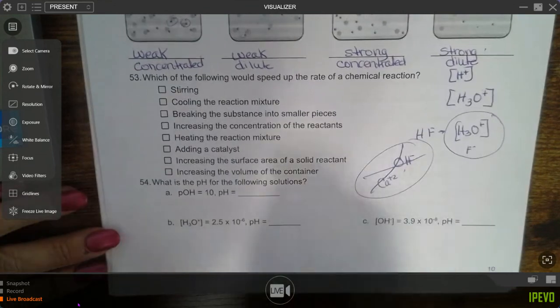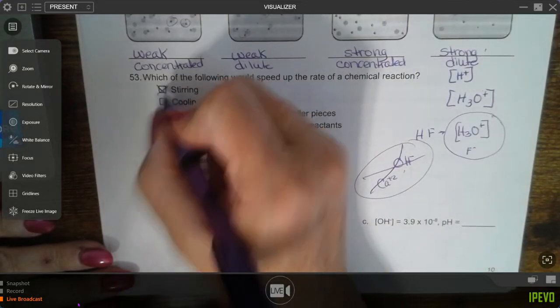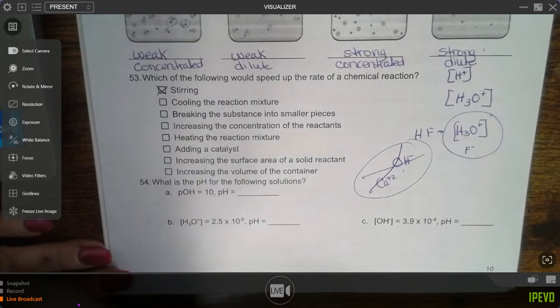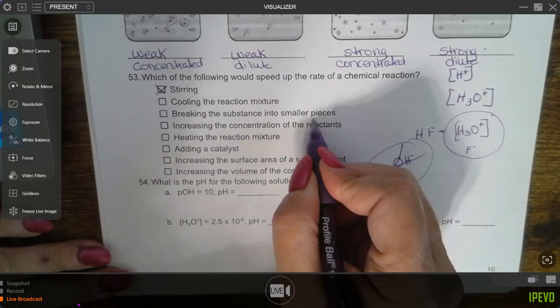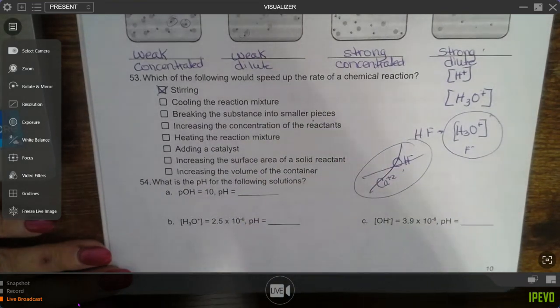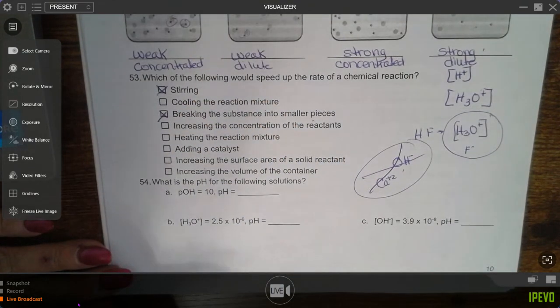Which of the following would speed up the rate of a chemical reaction? Stirring. Yes, you stir it, it's going to mix faster. Cooling the reaction? No. Breaking the substance into smaller pieces increases the surface area, which gives more surface for the solvent to get around, so yes.